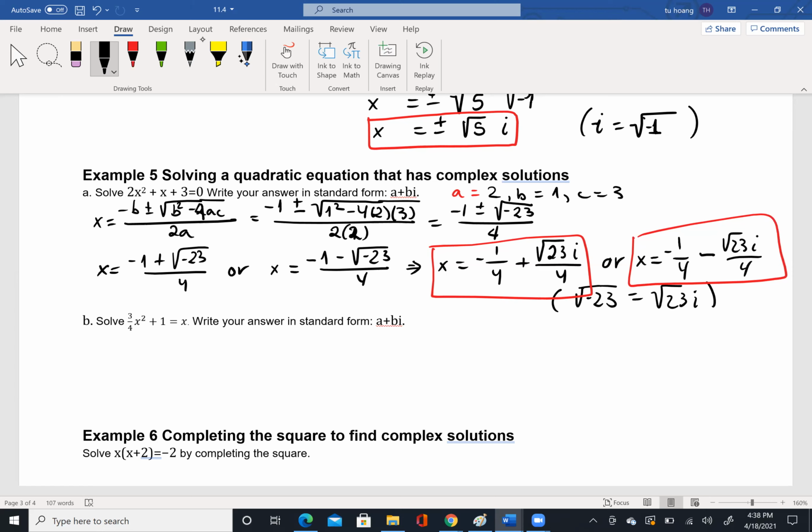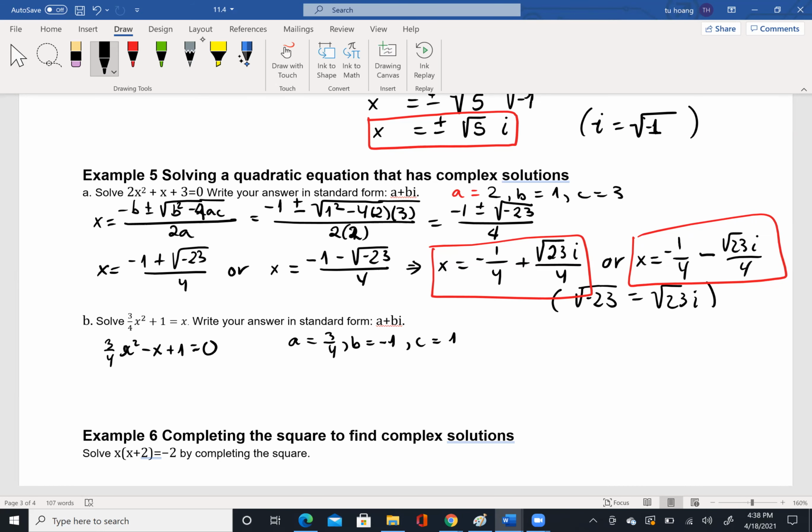Okay. Part B, I want to solve 3/4 x squared plus 1 equals x. So I want to write it in the form 3/4 x squared minus x plus 1 equals 0. Okay, subtract x from both sides, because I want to make it a quadratic equation. Now I have a equal to 3/4, b equal to negative 1, c equal to 1.